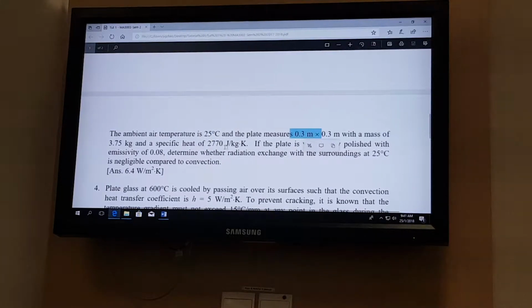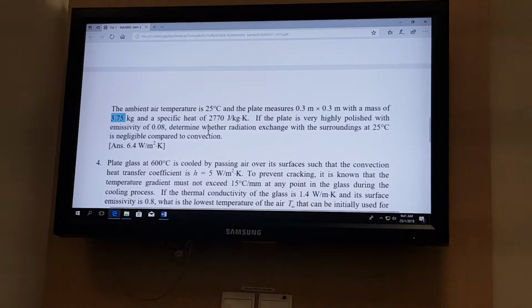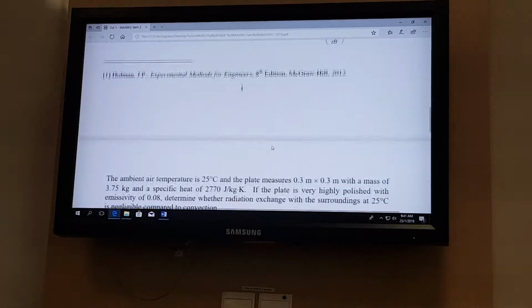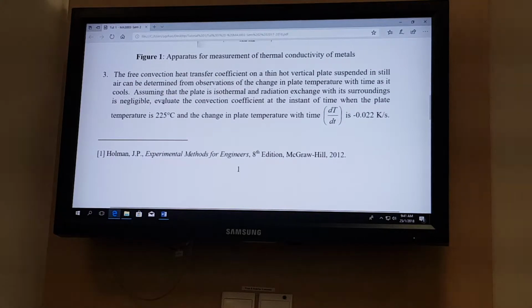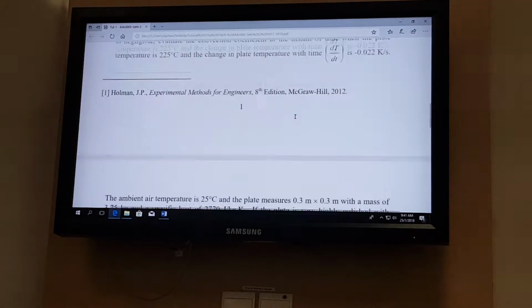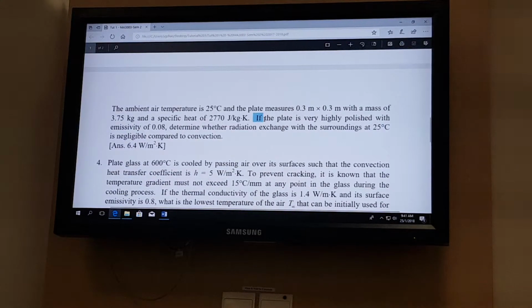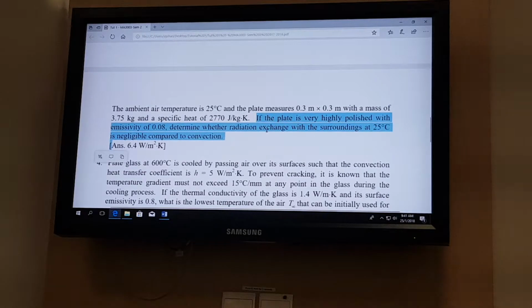They give you all the dimensions and materials, giving you the specific heat. The first part is to neglect the radiation and get the answer. The second one, if there is radiation, get the ratio of the radiation heat loss to the convection. Very simple.